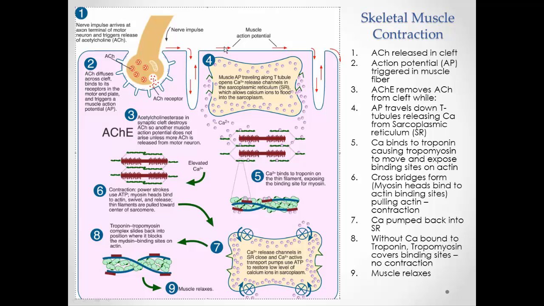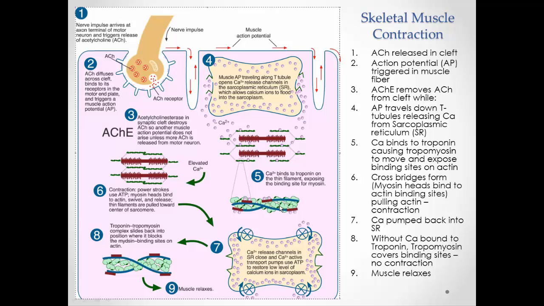We'll just think we generated one action potential that's traveling along the surface of the muscle fiber. In response to this action potential, the sarcoplasmic reticulum is going to release calcium. Calcium then goes to troponin, which is right here in the red, and binds with it. Now the blue is tropomyosin. When calcium binds to troponin, it causes tropomyosin to move out of the way of these little binding sites in the dark green that are on the actin beads.